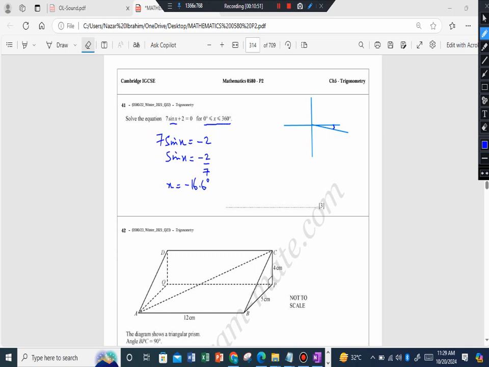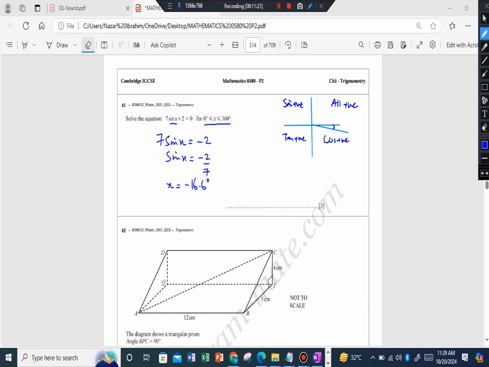Now how to calculate the answer? First we see that the answer of sin x is negative. Let me first discuss the four quadrants. In the first quadrant, all signs are positive. In the second quadrant, just sine is positive. In the third quadrant, just tangent is positive. And in the fourth quadrant, just cos is positive.